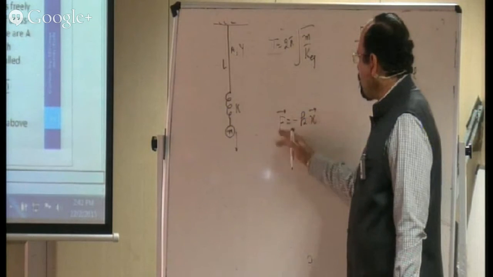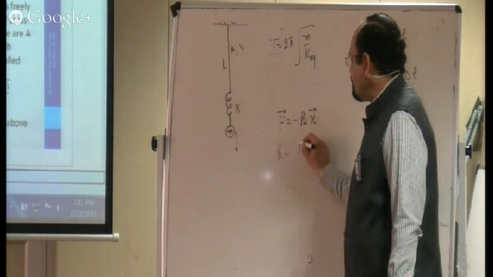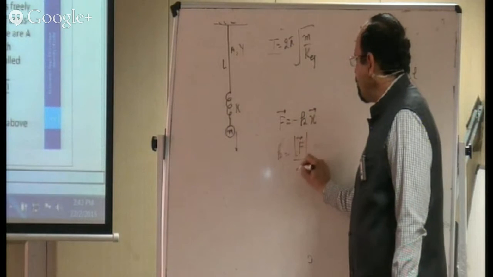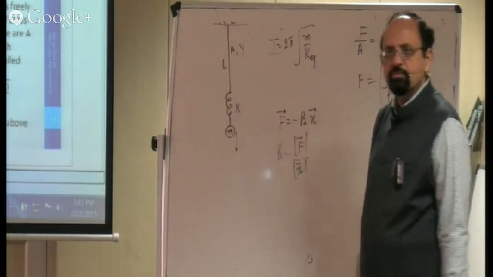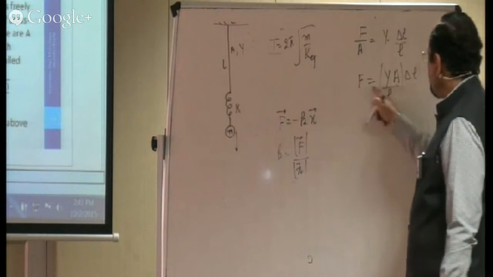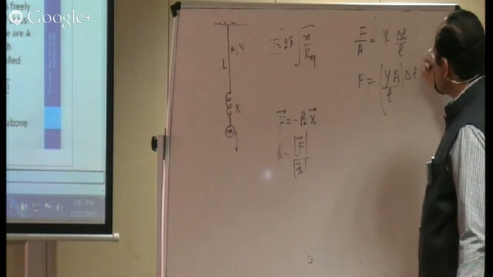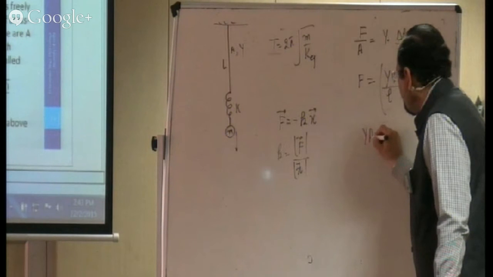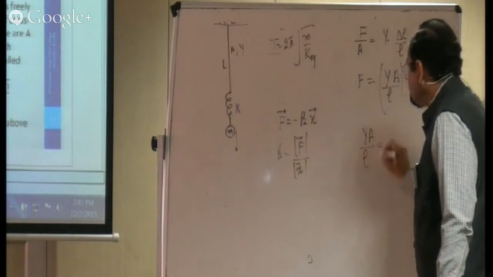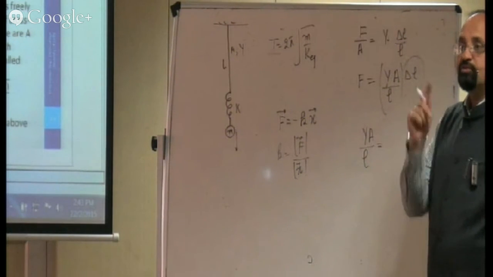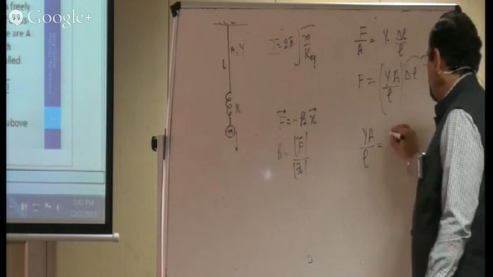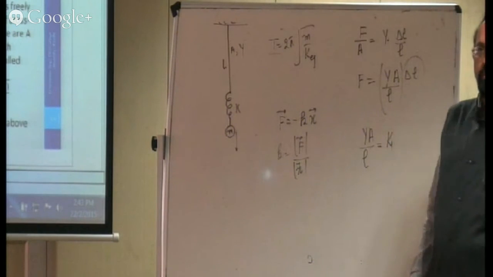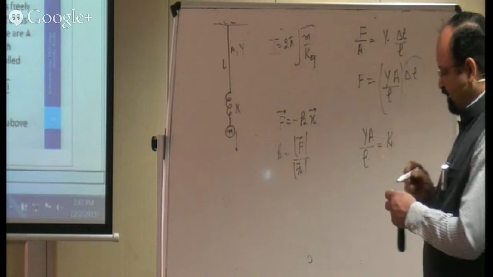If I talk about the magnitude, K will be nothing but the force magnitude divided by the x magnitude, the ratio. If I do that, look at this, delta L was the change. So this quantity YA divided by L is nothing but the equivalent spring constant of a wire. It is K1. I'm repeating this again. This is a concept.